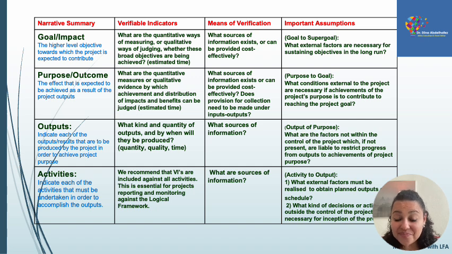And then the activity to outputs, here we need to know some assumptions. What external factor must be realized to obtain planned outputs as scheduled, and what kind of decisions or activities outside the control of the project necessary to anticipation of the project.